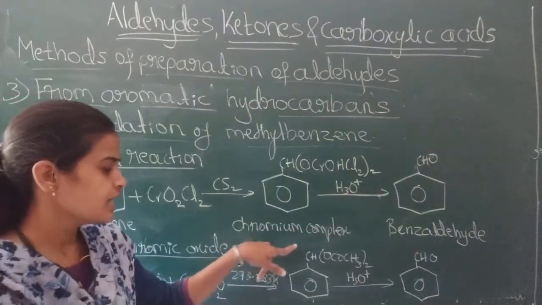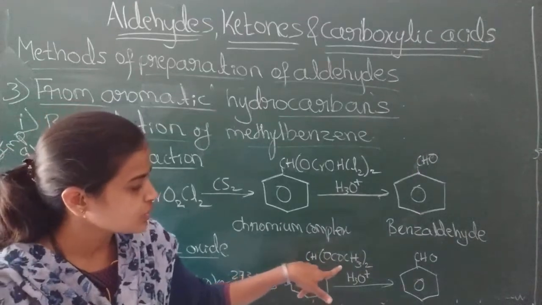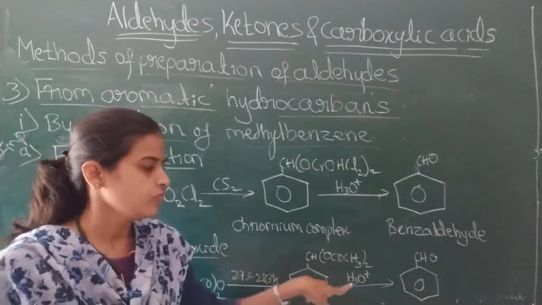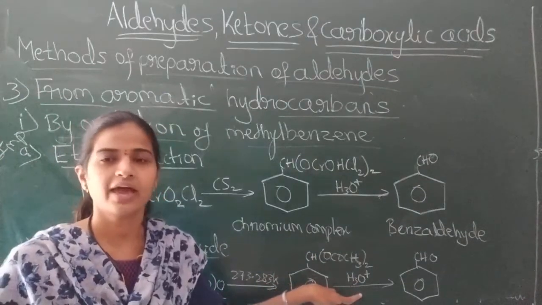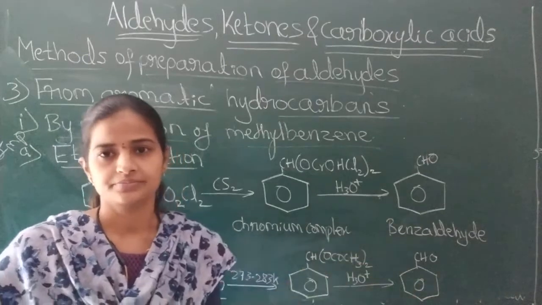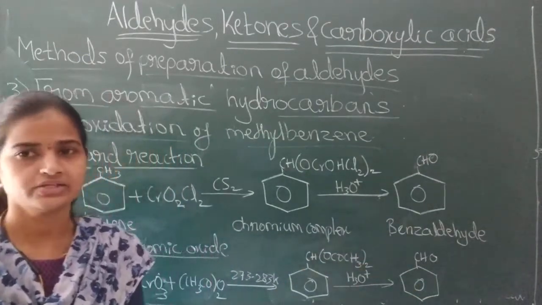This is called benzylidene diacetate, C6H5CH(OCOCH3)2. Benzylidene diacetate, on acidification in the presence of aqueous acid, gives benzaldehyde. Okay, you have to practice this reaction so that you can remember and write it.